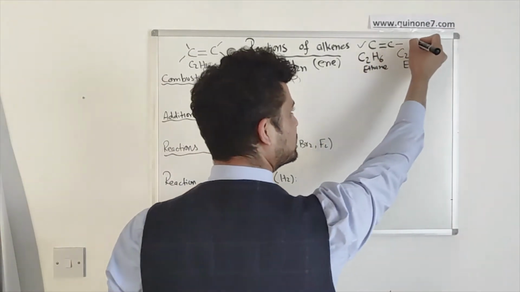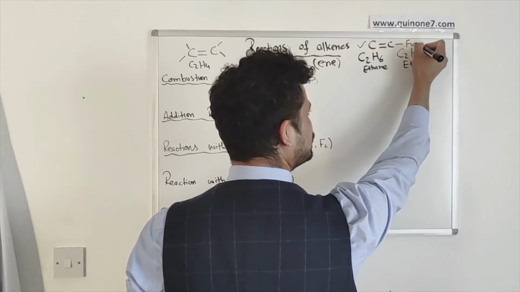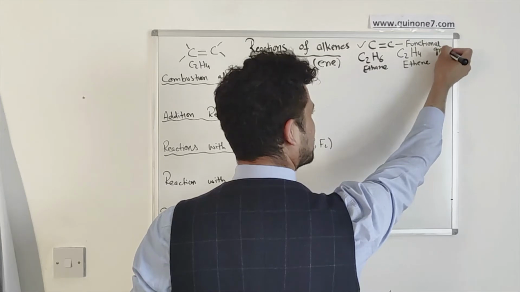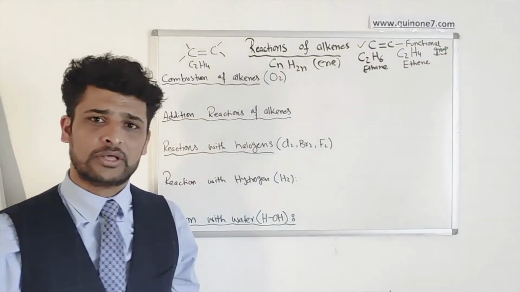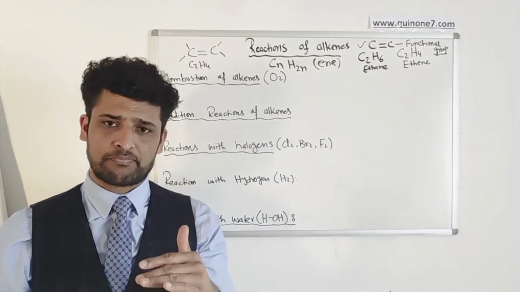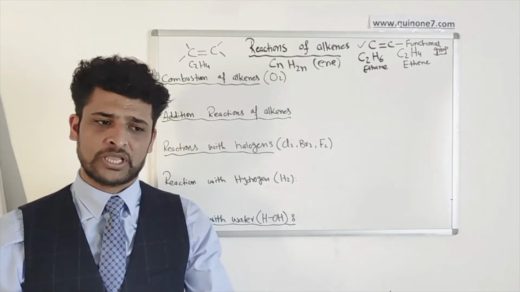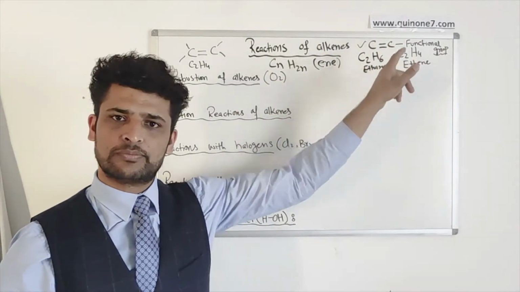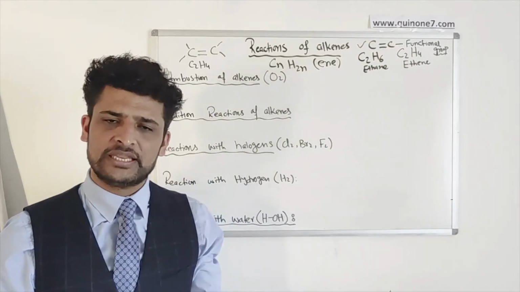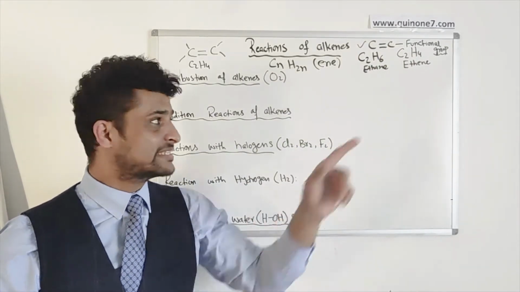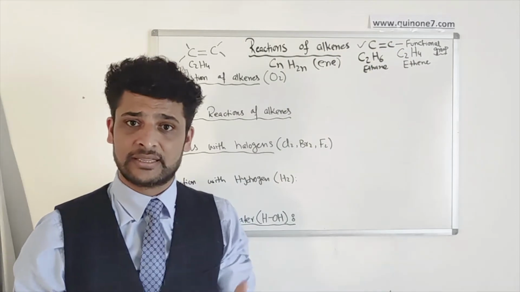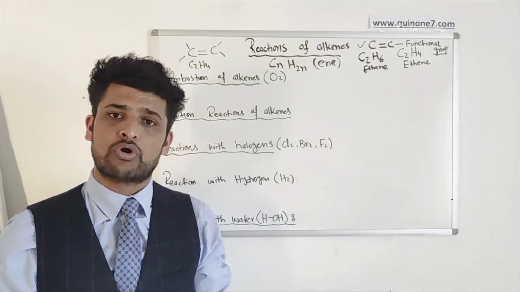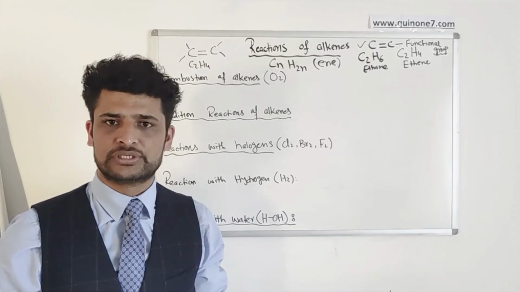So C=C is the functional group in alkenes. Ethene, propene, butene, pentene all belong to the same family and have the same functional group. Any organic compound which has the same functional group, that family is called a homologous series.